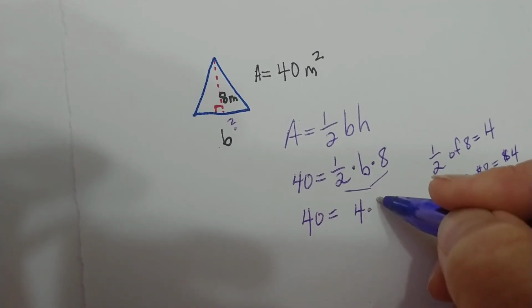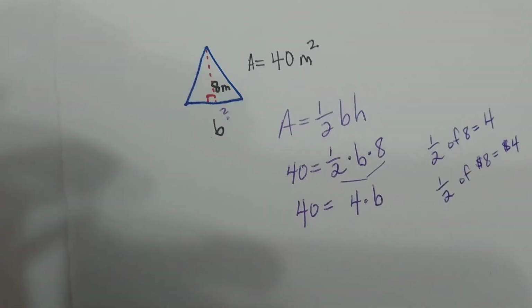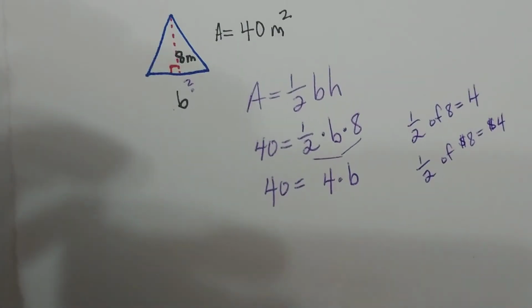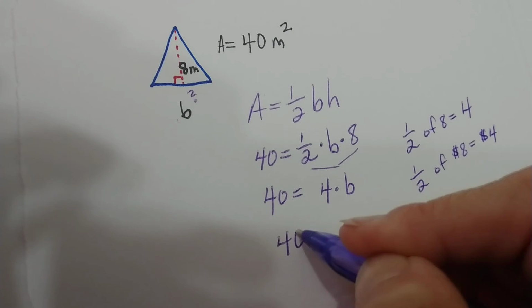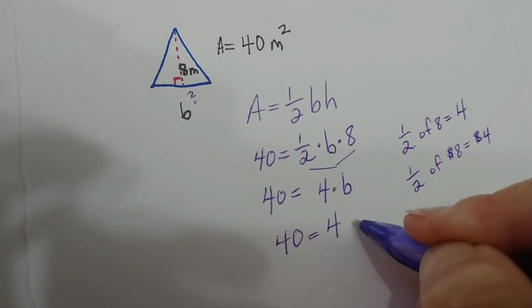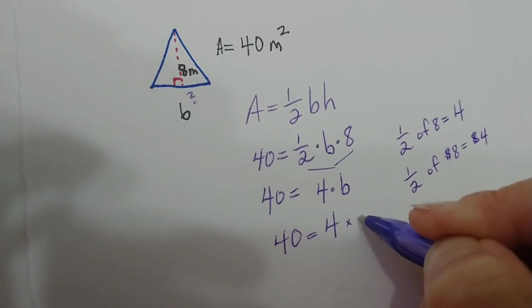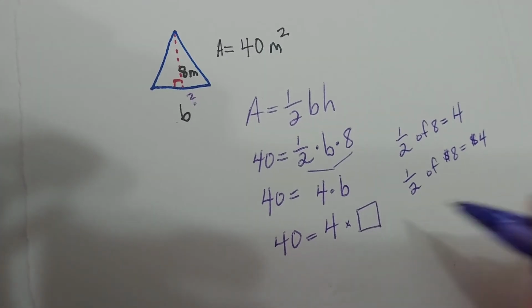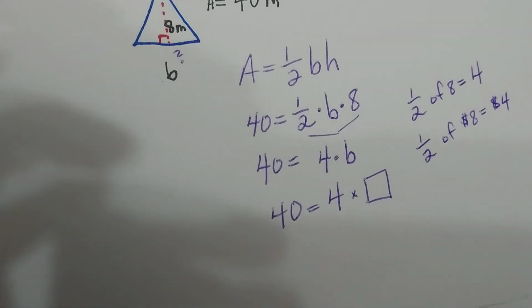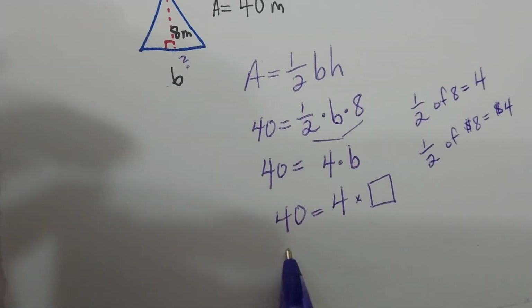But I still need to hang on to my b because that's what we're trying to solve for. Now I can think of it like this. 40 equals 4 times some number. What is a number multiplied by 4 to get me 40?